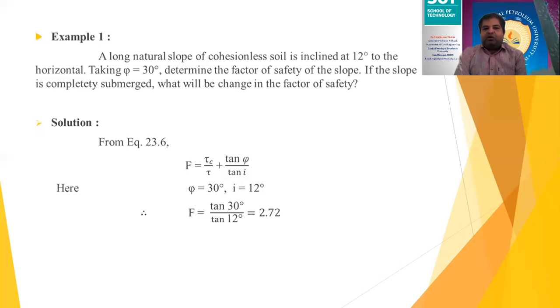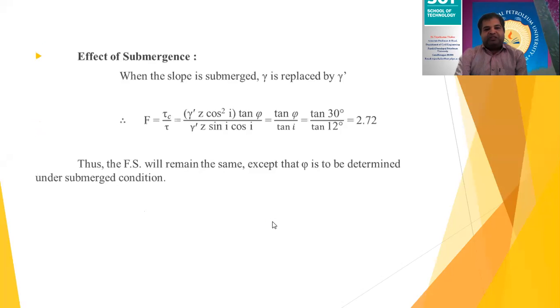You need to find the value of factor of safety if the slope is completely submerged. So you need to take the case of submergence. If I use this formula, F is equal to c upon tau plus tan phi upon tan i. Value of phi is given, i is given. You can put this value and you will get the value of factor of safety.